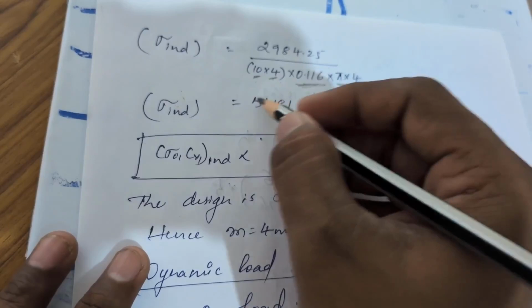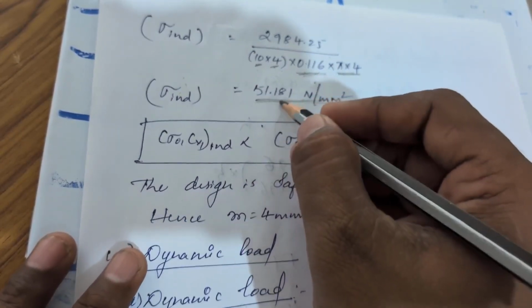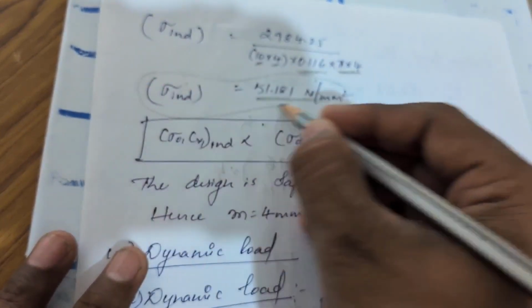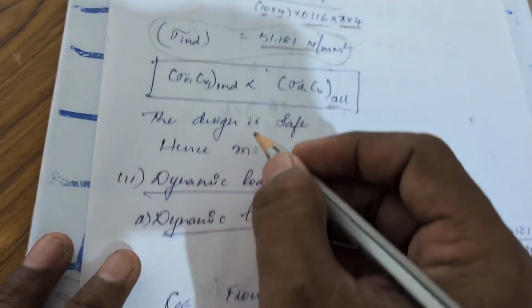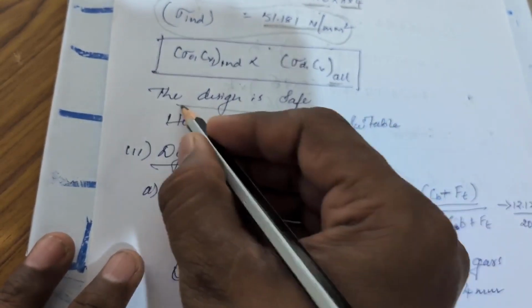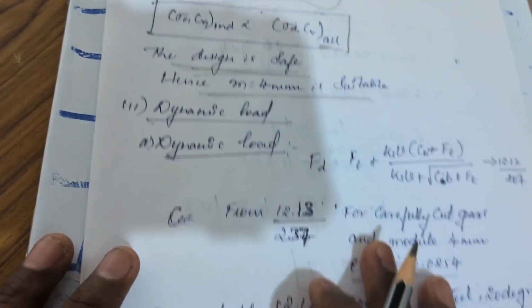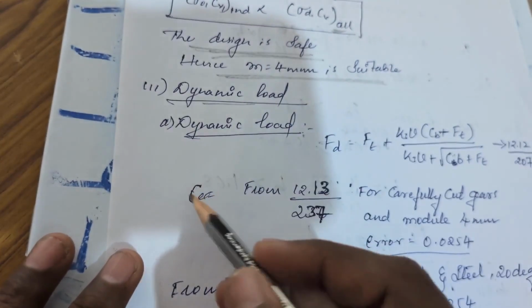If I substitute and calculate, the answer will be 51. So now you see that induced stress is very less compared to allowable stress. Hence, whatever we have calculated, m equal to 4, is suitable. The design is safe.